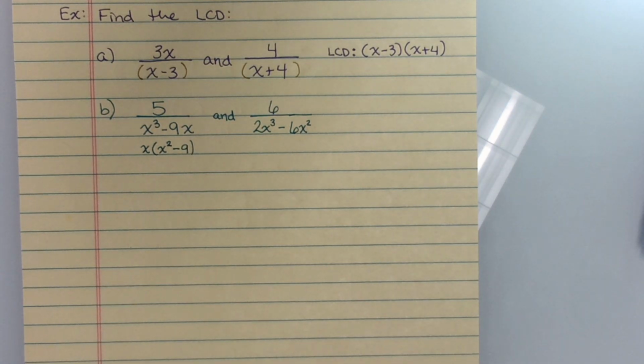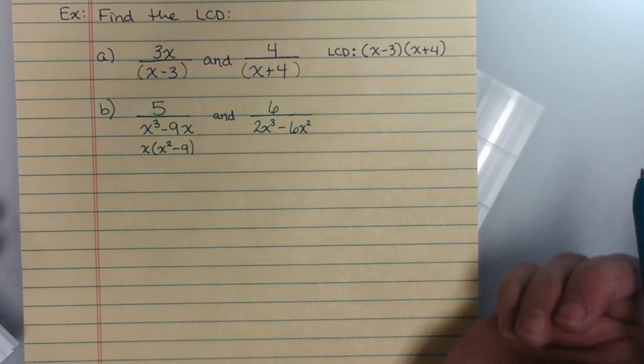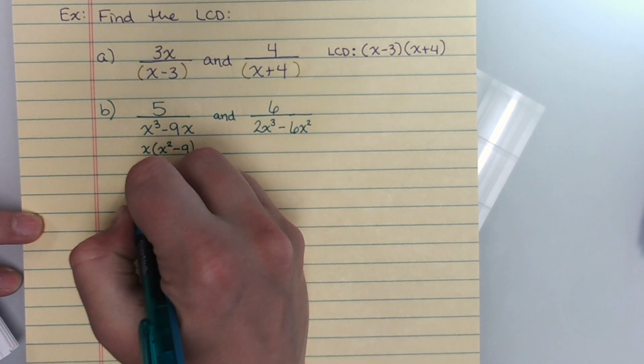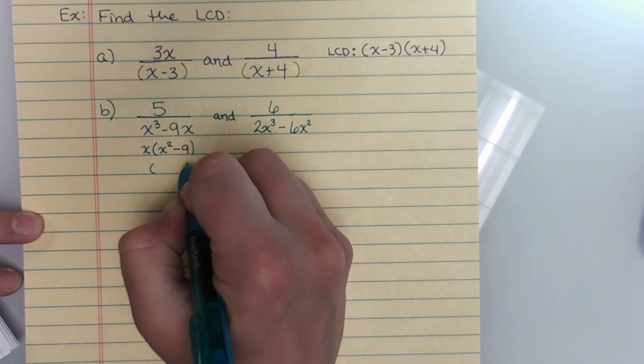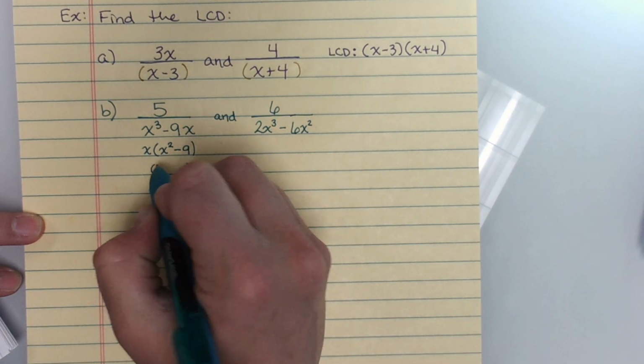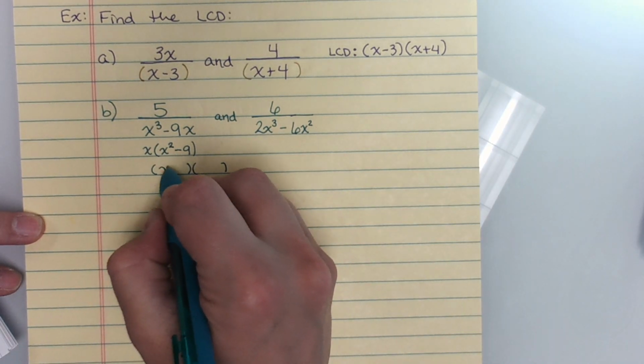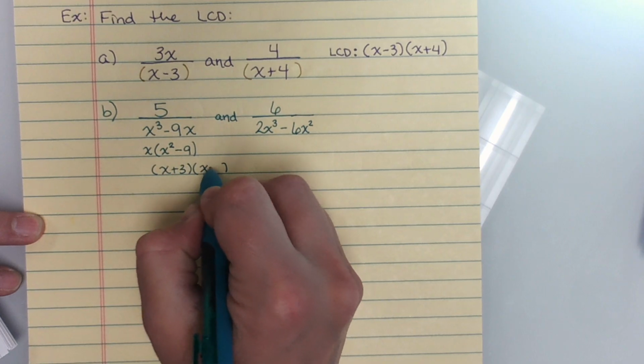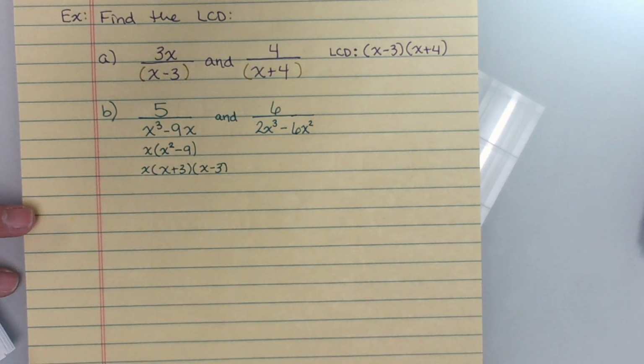Now, I'd be doing this off to the side if I was doing more than just finding the LCD. Okay, can I factor that further? Yes. Difference of squares. What's that become? x plus 3, x minus 3, and I still have the x from the GCF.